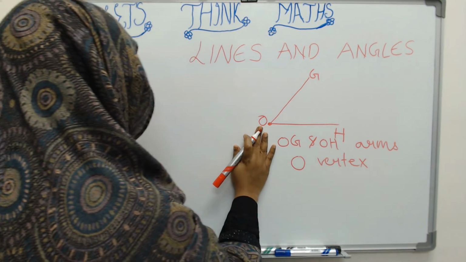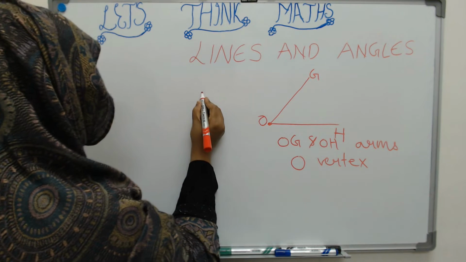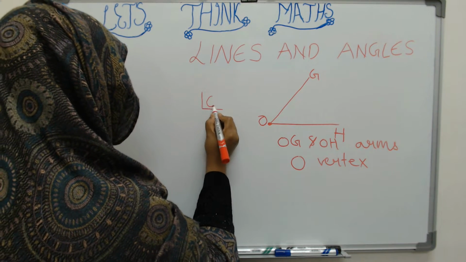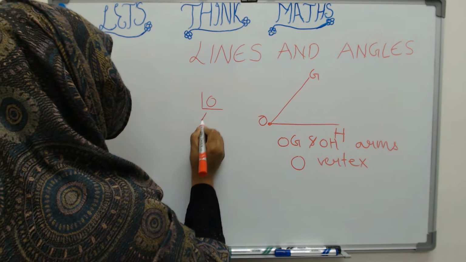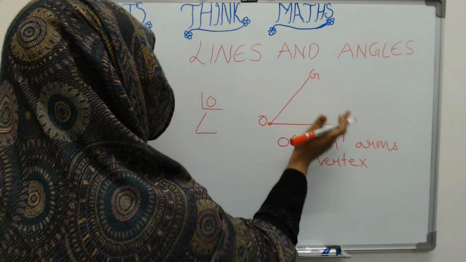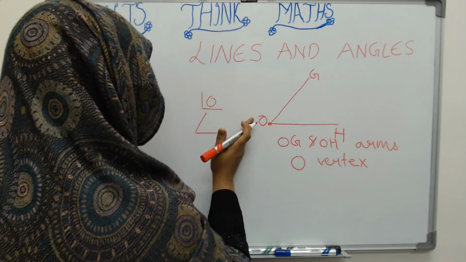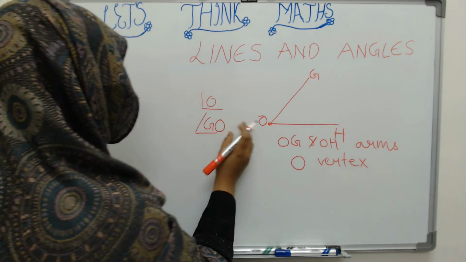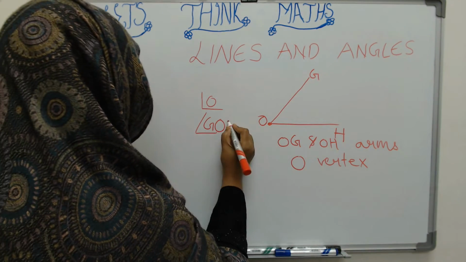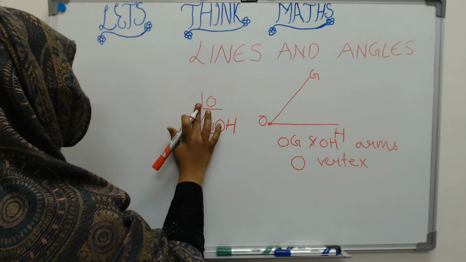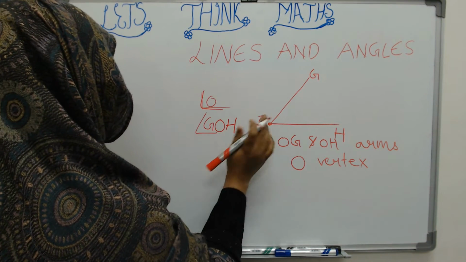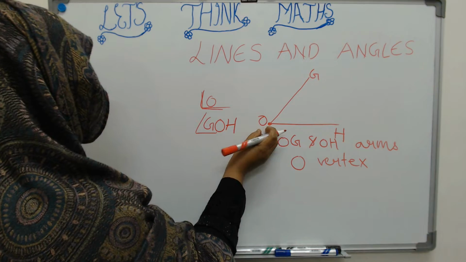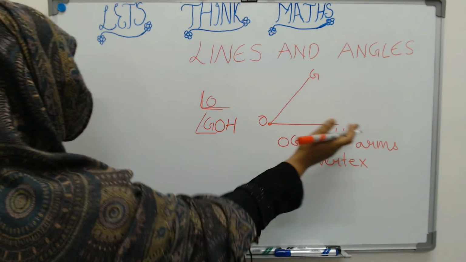Now, how do we represent this? We represent this simply by O, or we represent it together with its arms, GO and OH. So, we don't have to write O 2 times. 1 time is enough. So, either we write it as simply O, or we represent it together with its arms.